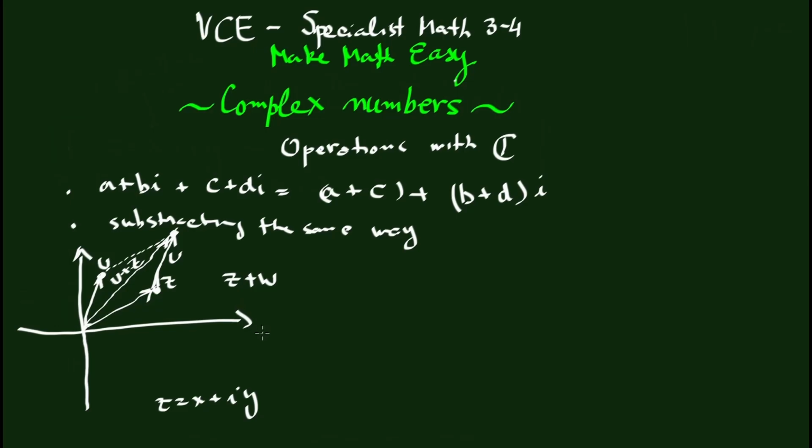That's like with vectors. This is x and this is y. So see vector z, x and y components. So that's geometrically. So how do you subtract them, compared to addition?